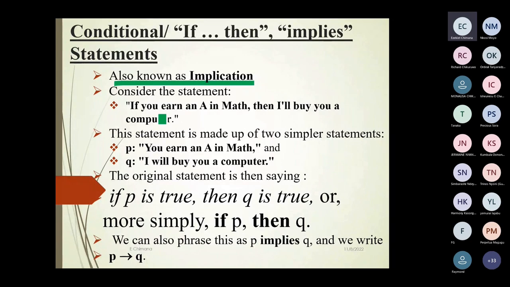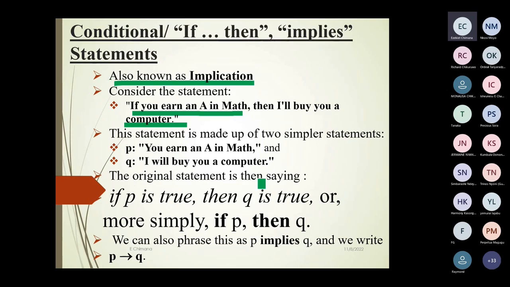So consider the statement: if you earn an A in maths, then I will buy you a computer. So this statement is made up of two simple statements. You earn an A in maths, and I will buy you a computer. There's this P and Q statement.